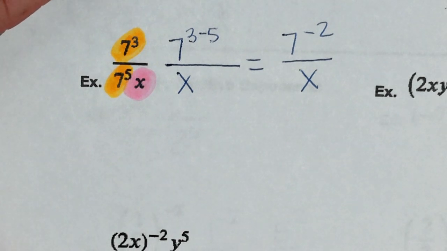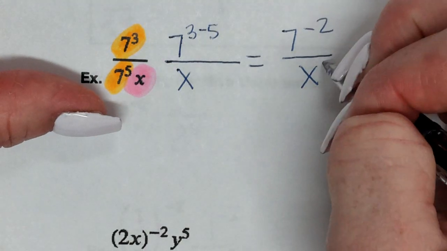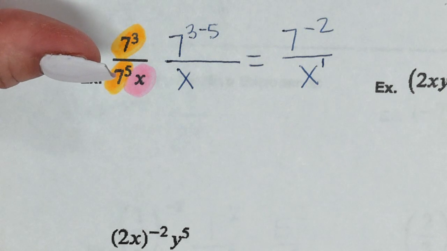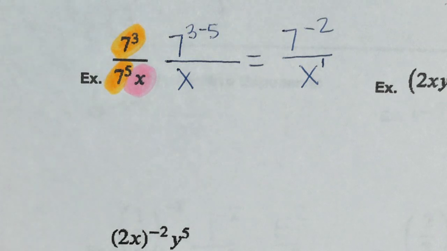I can pull it to the bottom. What will be on top? X does not go to the top. Why does x not go to the top? X has an exponent of 1. That's a positive exponent. It stays put. The only time you move them is when their exponent is negative.